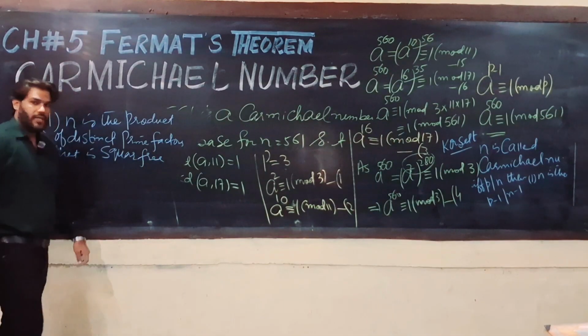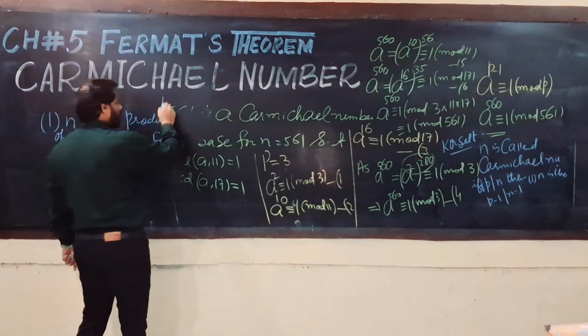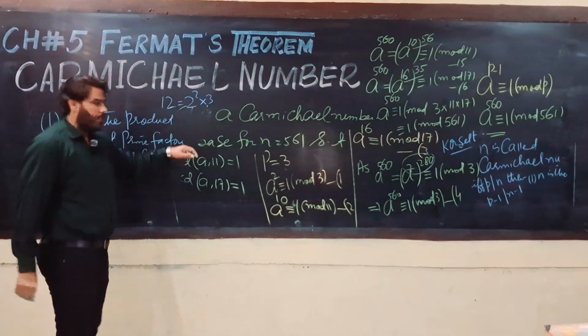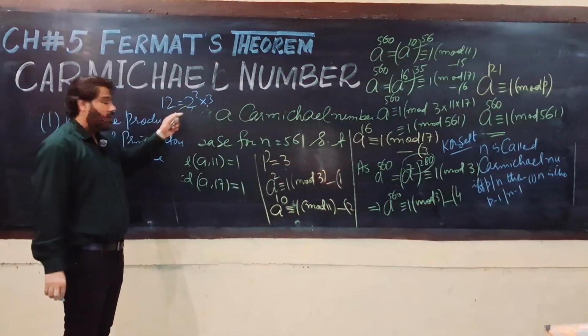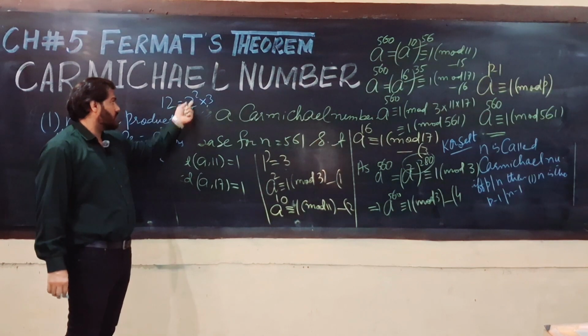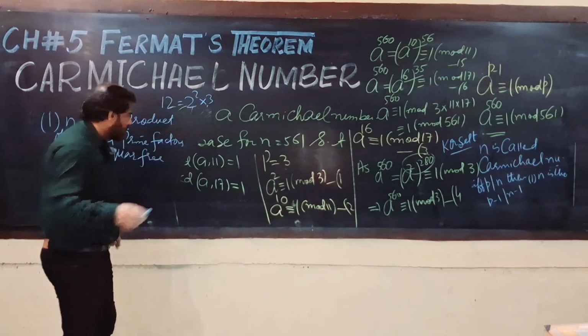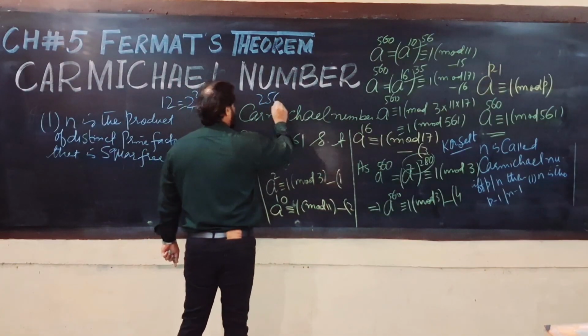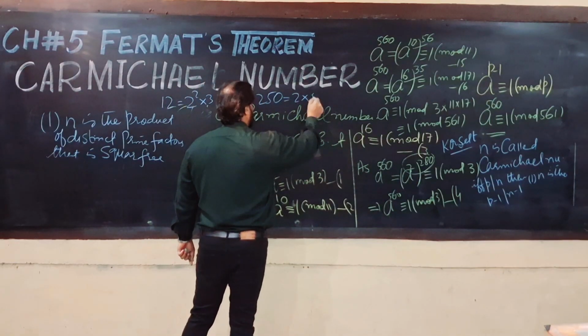Square free means, like you make the prime factorization of 12. This is equal to 2 square into 3. So this cannot be a Carmichael number because its prime factorization contains a square. Similarly, the prime factorization of 250 is 2 into 5 cube.